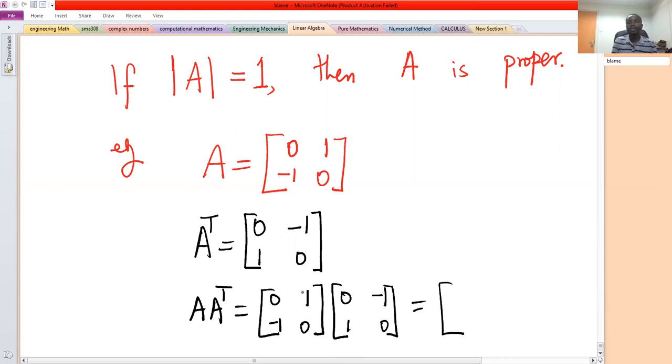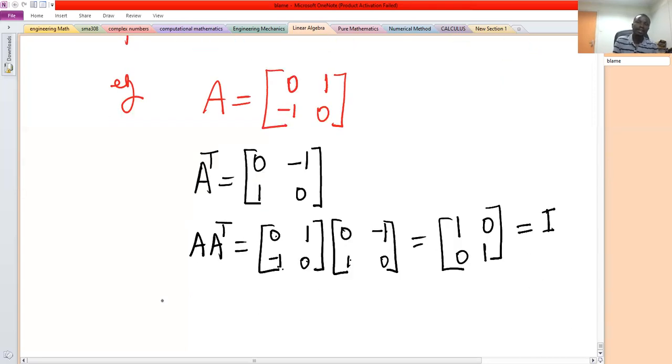So let's multiply row by column. 0 times 0 is 0 plus 1 times 1 is 1. 0 times -1 is 0, and then 1 times 0 is 0, so we get 0 here. -1 times 0 is 0, 0 times 1 is 0, so 0. -1 times -1 is +1, plus 0 times 0 remains 1. And this is the identity matrix.